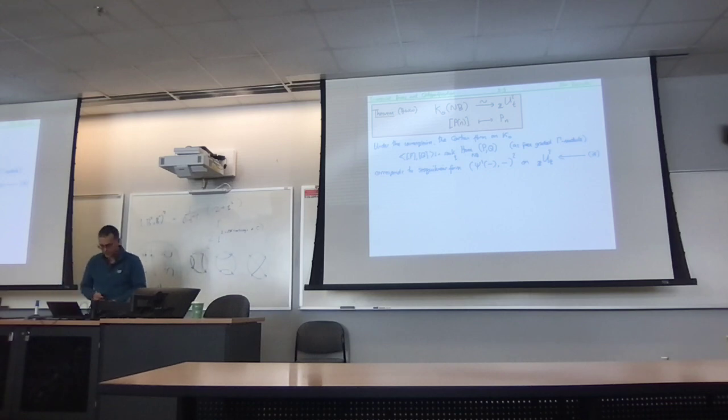Under this isomorphism, on K0 you have this Cartan bilinear form, which is just taking rank. So if you take finitely generated projectives P and Q, you look at Hom from P to Q. That's a free Gamma module, and you take its graded rank as a free Gamma module. I write angle brackets P, Q for that. That's this Cartan form on K0.